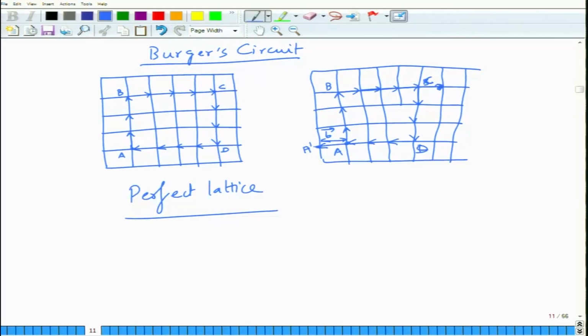This Burgers vector is perpendicular to the dislocation.